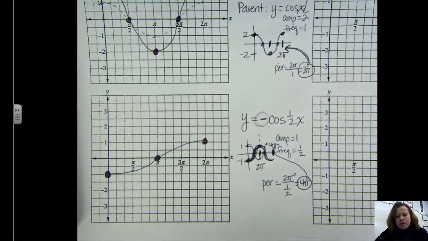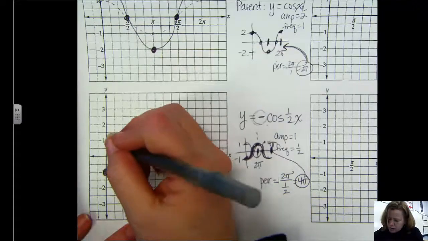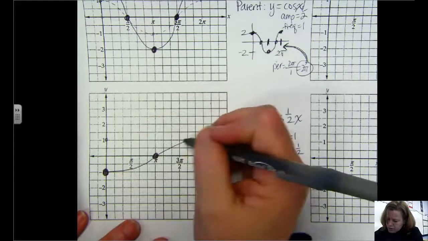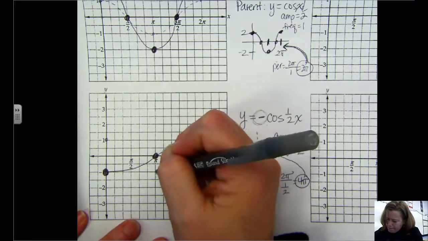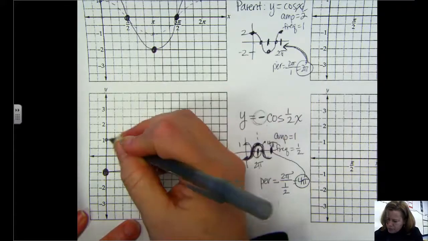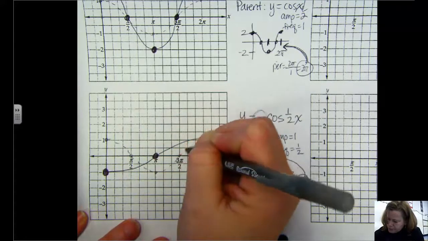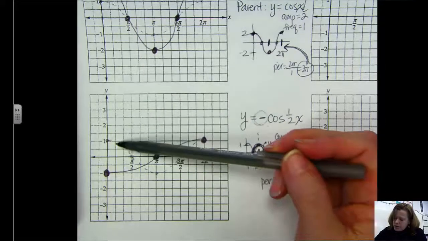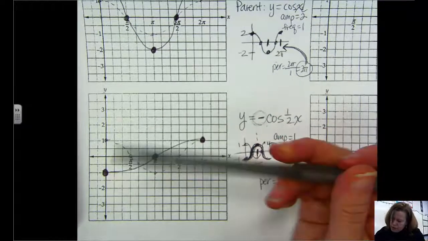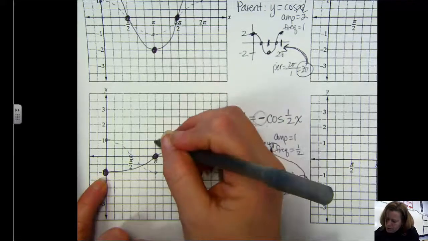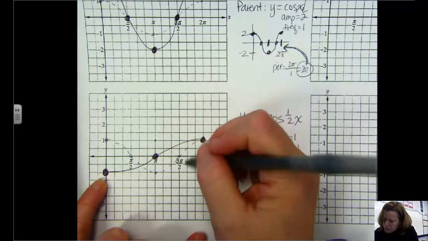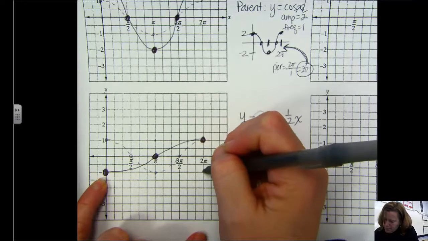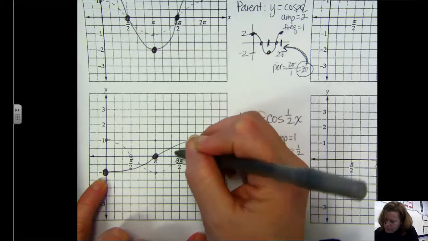And that's it. Again, if you wanted to compare this with your parent graph of cosine, there's your parent. Its height is the same, but it's been reflected over x. So if I reflected it right away, it would have ended up like this.